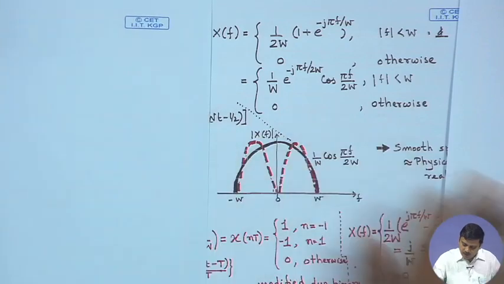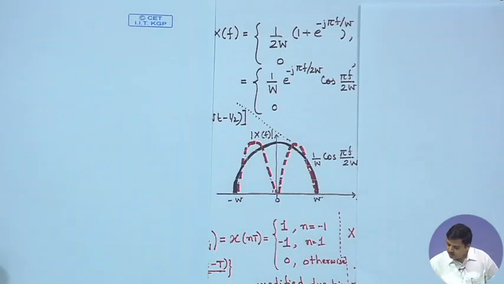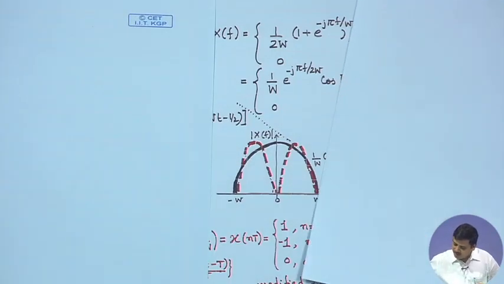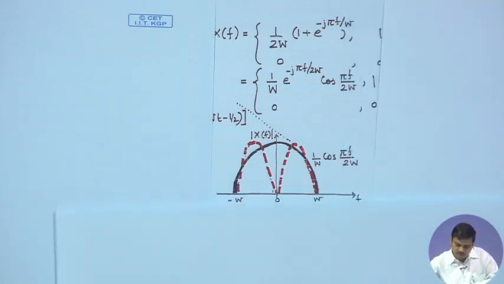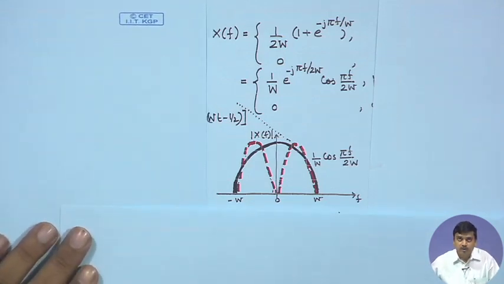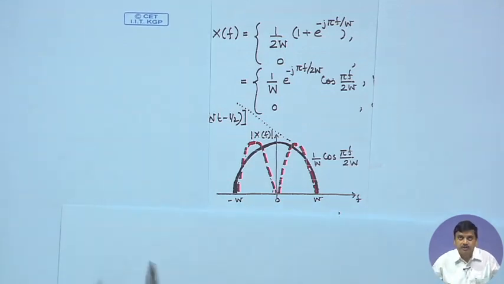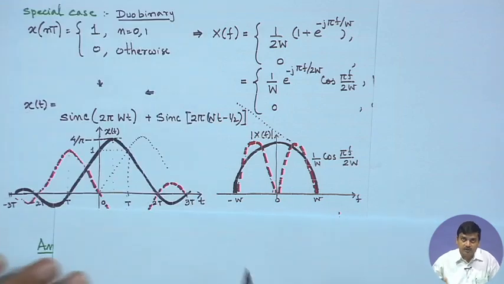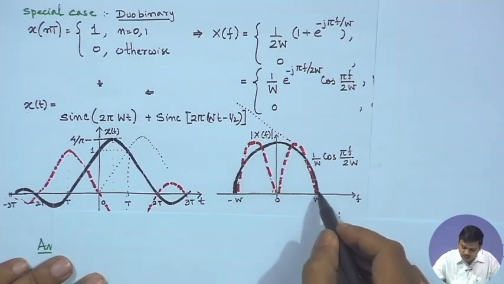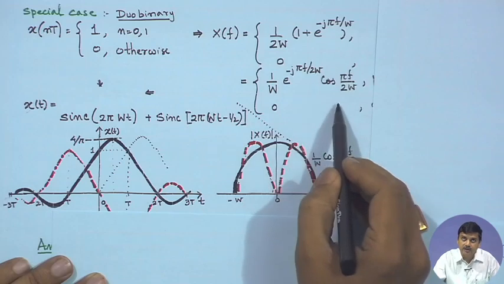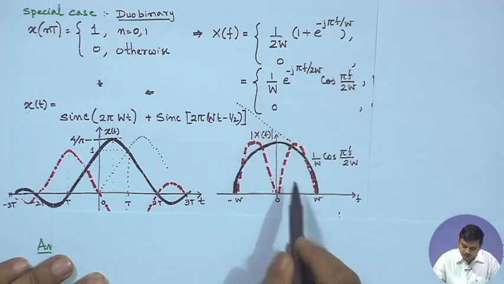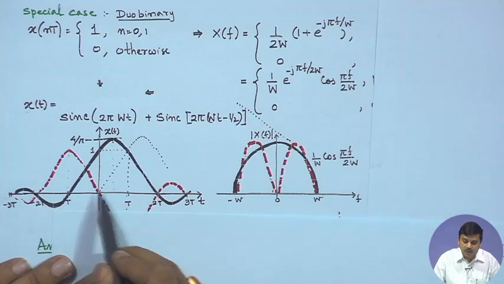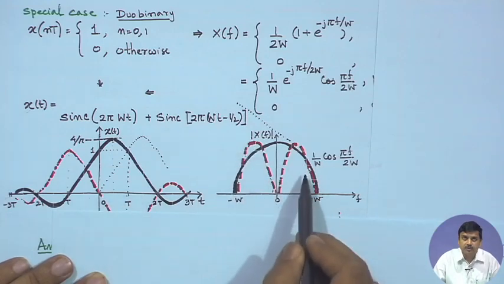So, if we look at the spectrum, we will find the spectrum takes a form from these expressions above as given here. For the duobinary, of the solid black impulse that we showed on the left, you have the spectrum which is cosine as you are seeing over here, and there is a phase which is e to the power of j 2 pi f by 2W, and for the other one you have the spectrum which looks like this.